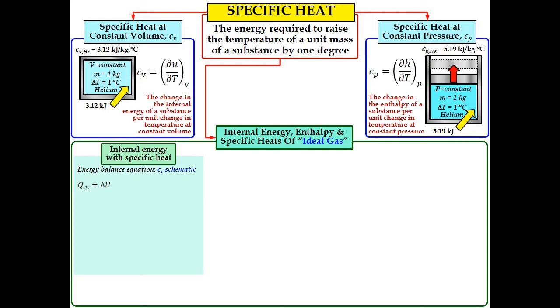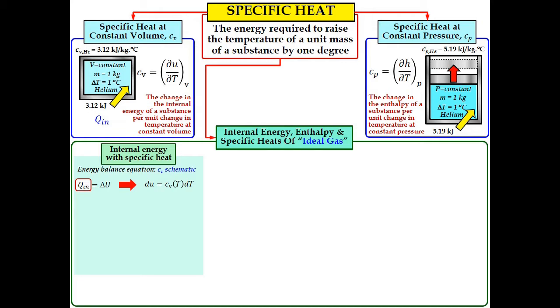So we have Q in equal to delta U. Now the equation can be changed to dU equal to Cv(T) dT. As we know, the value of Q in for this specific heat case is equal to the amount of heat Q in that's applied to the system, which is equal to the value of Cv.